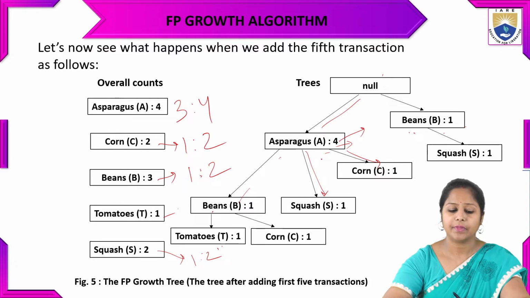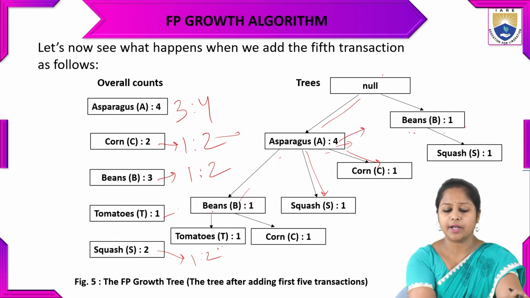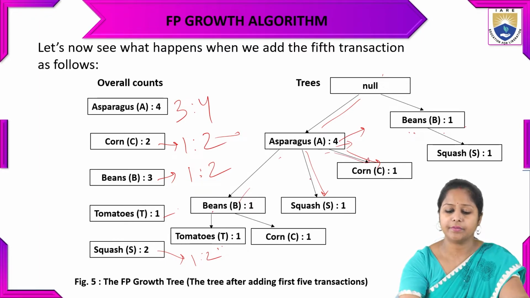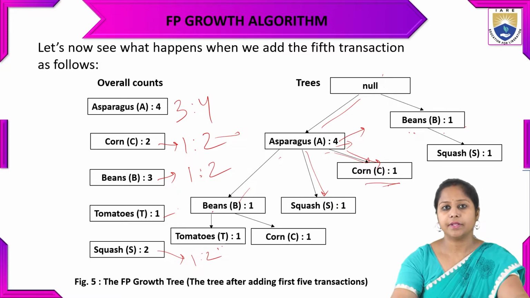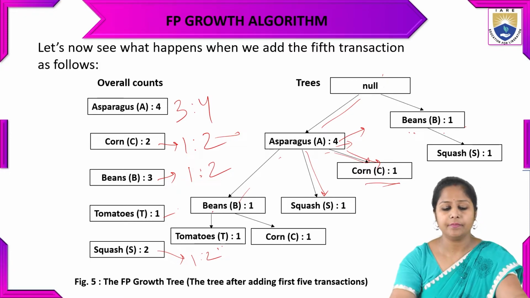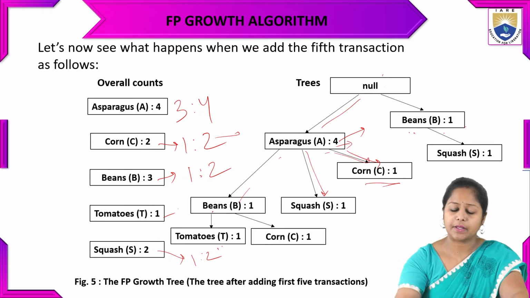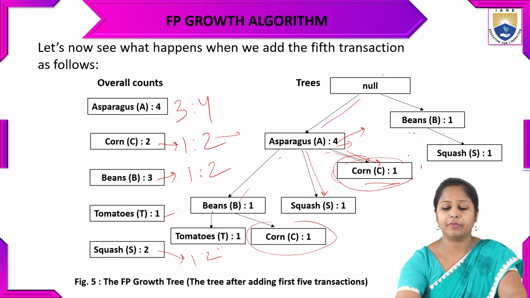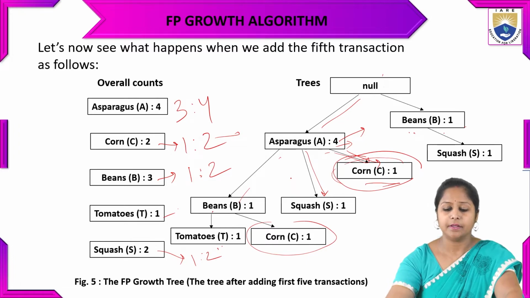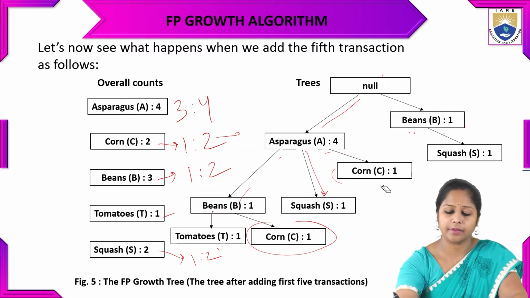So the asparagus has been increased to 4. Now the corn is directly added with the asparagus node, but in the 4th transaction the asparagus is there, bean is there, squash is there, and then corn is there, like that. Because the corn is already connected with the asparagus, now we have to add it in the order of the other items.